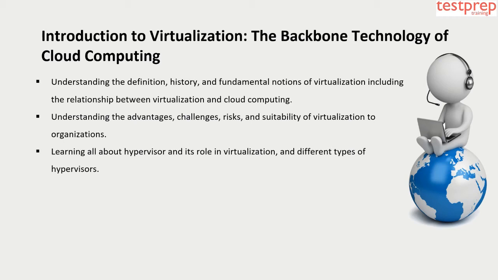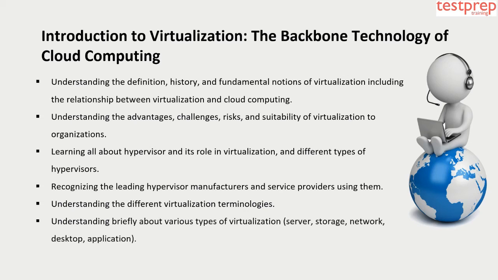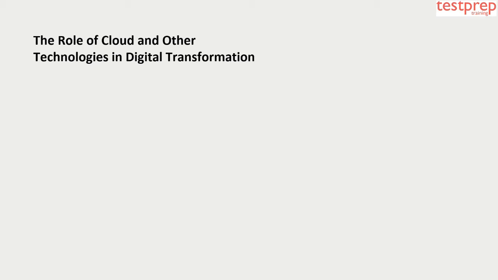Learning all about the hypervisor and its role in virtualization, and different types of hypervisors. 4. Recognizing the leading hypervisor manufacturers and service providers using them. 5. Understanding the different virtualization terminologies. 6. Understanding briefly about various types of virtualization: server, storage, network, desktop, application.